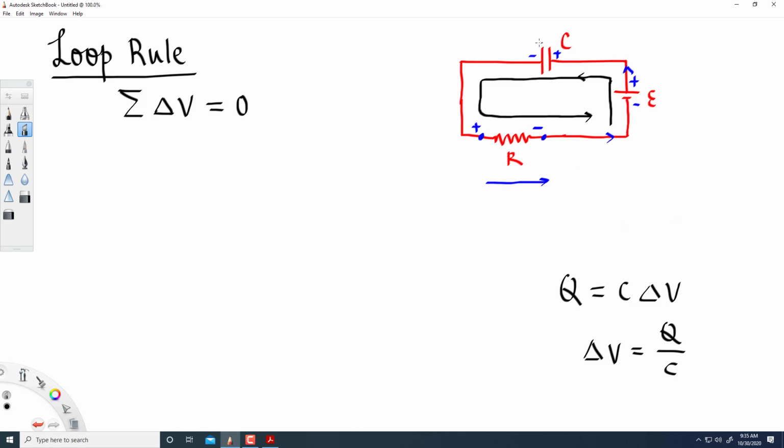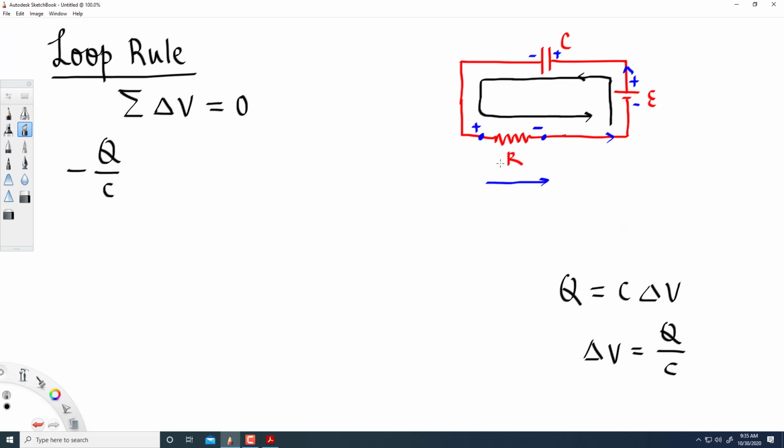So that means the potential difference here is Q over C. And we are going from higher potential to lower potential, and higher to lower means we have a negative sign. That's what we used last time. When you are going down the hill from higher to lower potential, you lose potential. That means you need to put a negative sign. Negative means you're losing potential.